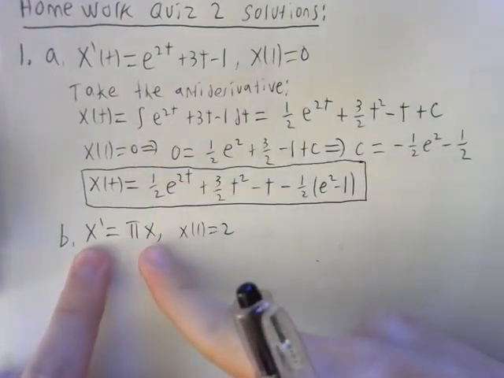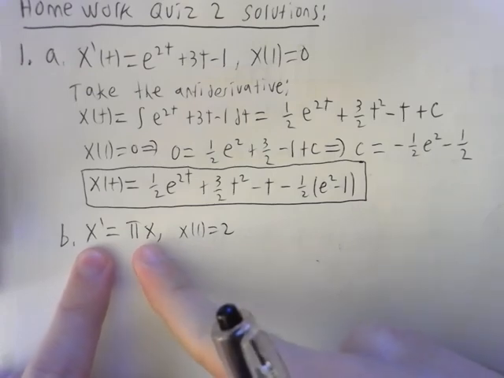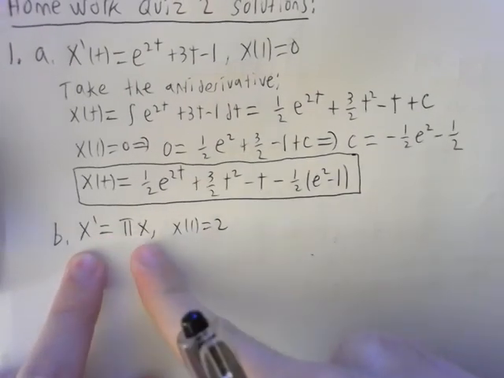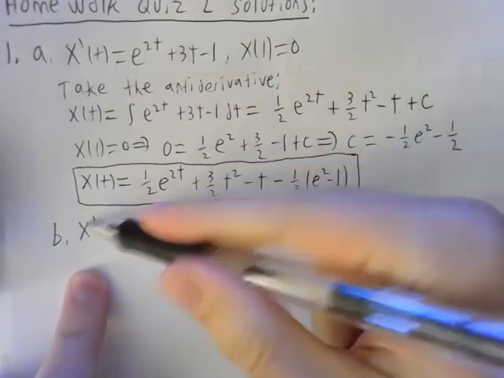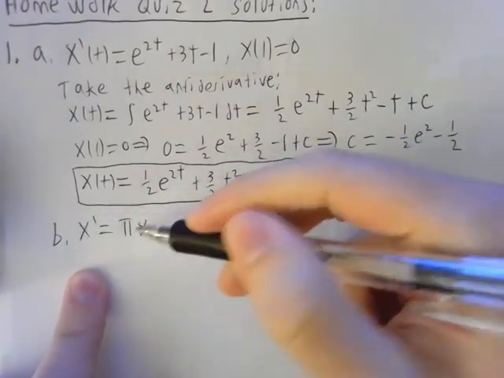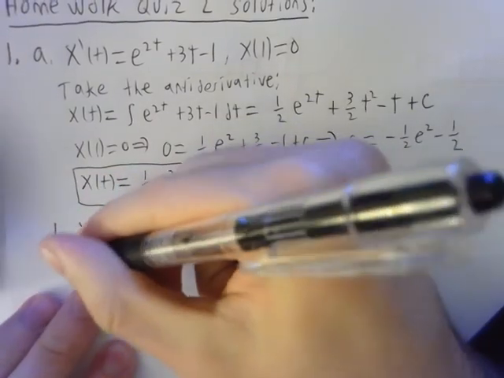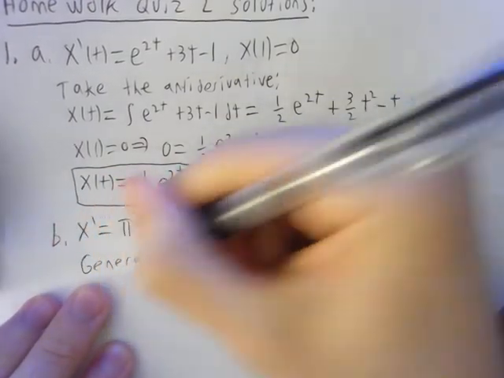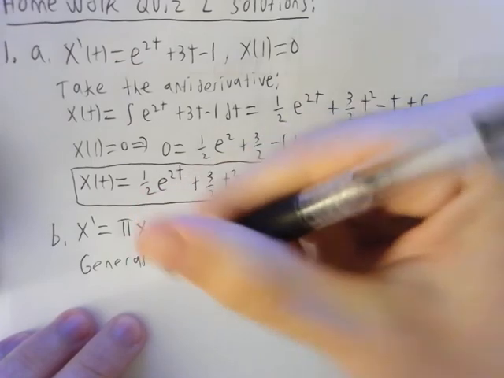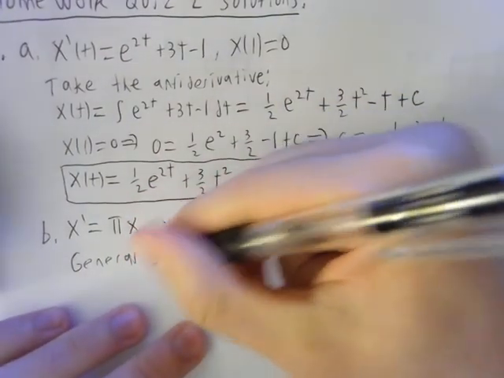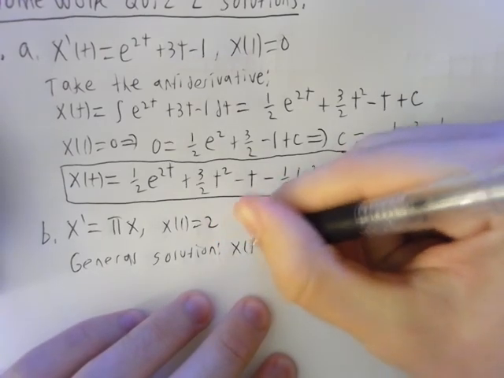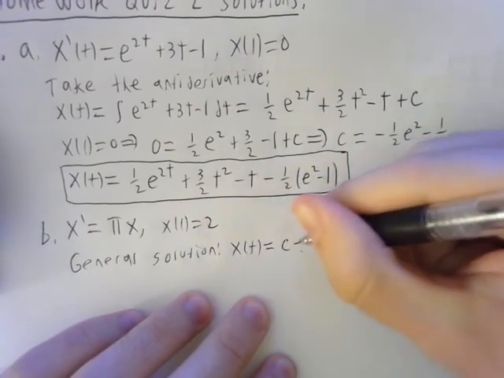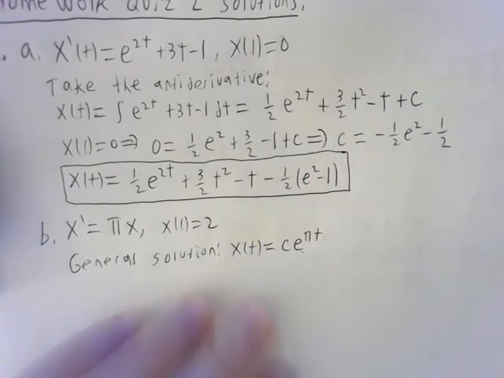So that means we have to do something else for an equation where the unknown function appears on both sides of the equation. And if the equation looks like x prime equals some constant times x, we saw earlier just by guessing and checking that the general solution is that x of t equals a constant times e to the pi t.